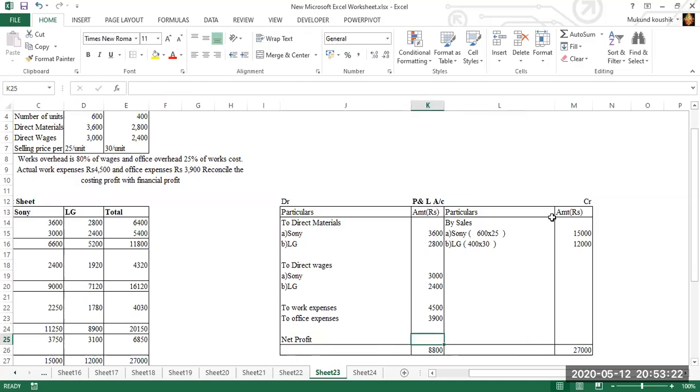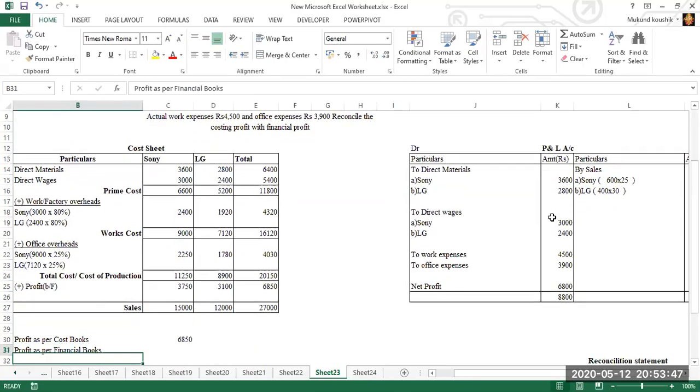So your net profit will be this 27,000 sales value minus all the items which you have recorded on the debit side. So net profit as per your financial accounting, which is your P&L account, is 6,800.